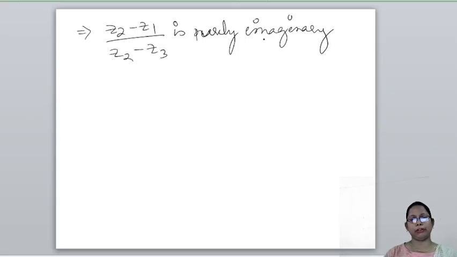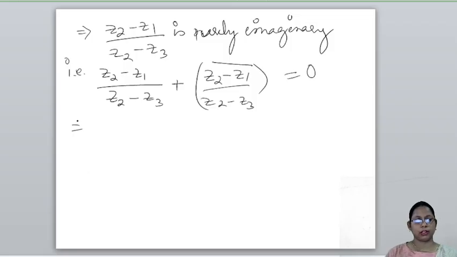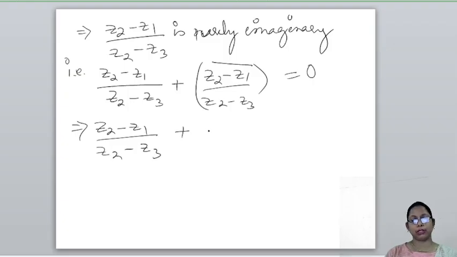If it is purely imaginary, then its real part is 0. That is, Z2 minus Z1 by Z2 minus Z3 plus its conjugate is equal to 0. Using the property of conjugate, this is Z2 conjugate minus Z1 conjugate by Z2 conjugate minus Z3 conjugate, equal to 0.